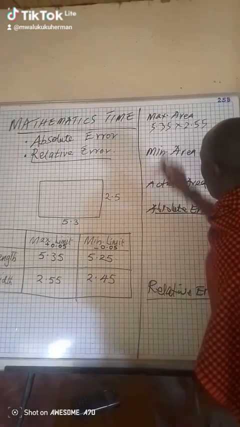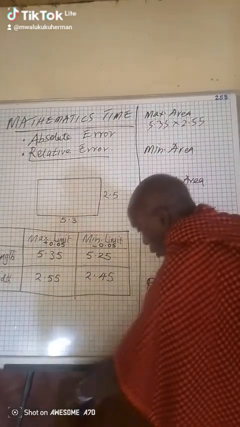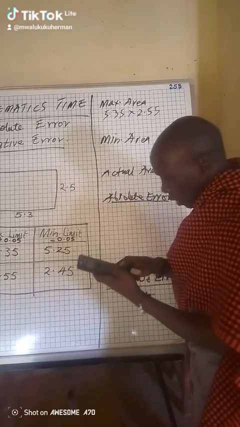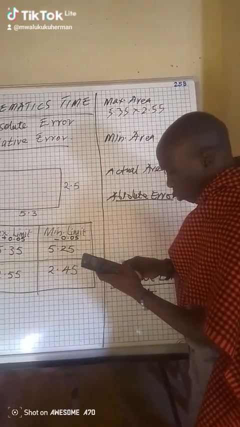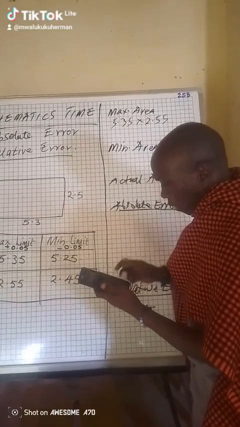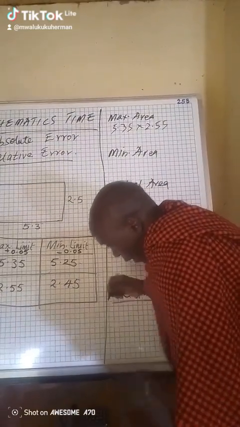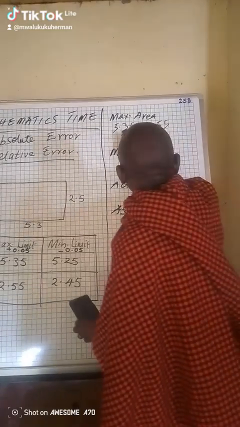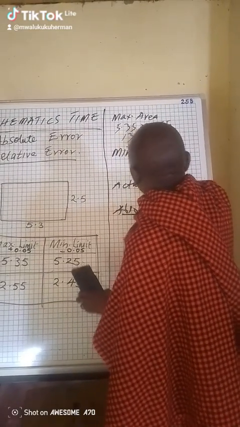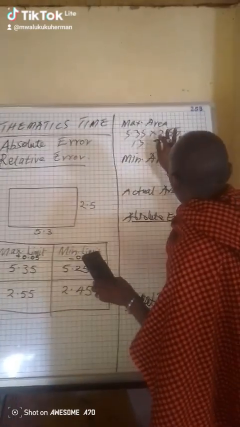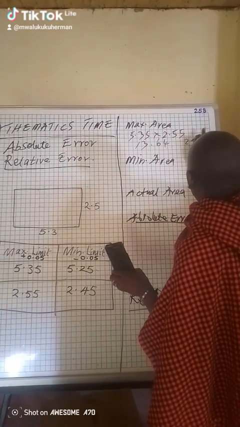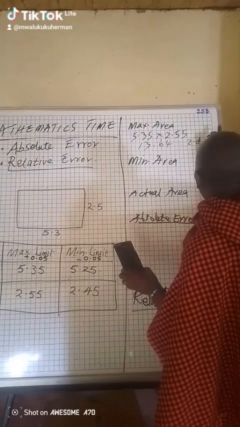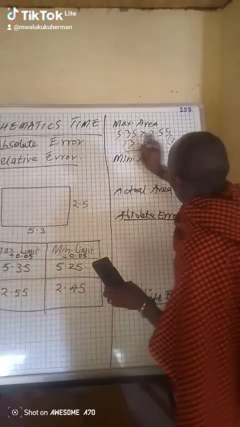And this is going to give us, using the calculator, 5.35 multiplied by 2.55. So we get 13.64. I've written this one correct to 2 decimal places.